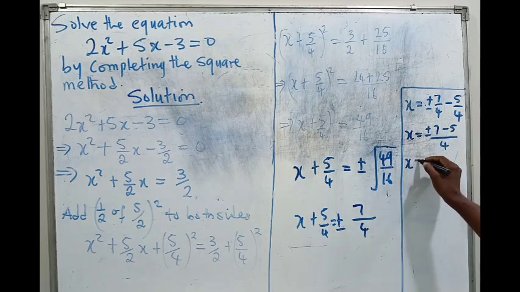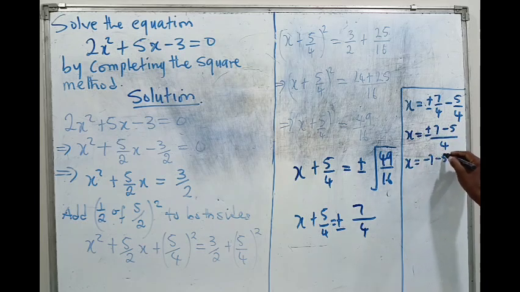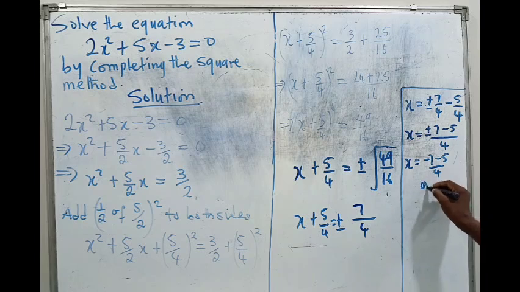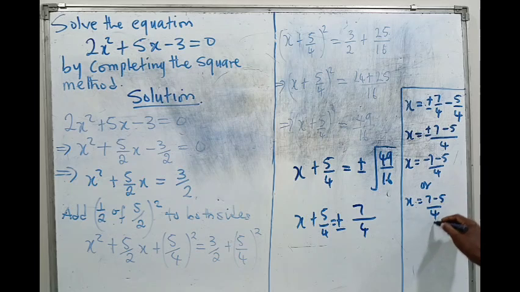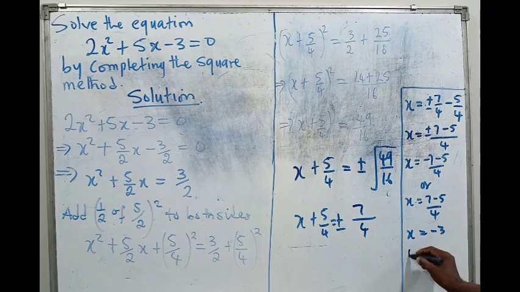So either x is equal to negative 7 minus 5 over 4, or x is equal to 7 minus 5 divided by 4. So either x is equal to negative 3, or x is equal to 1 over 2.